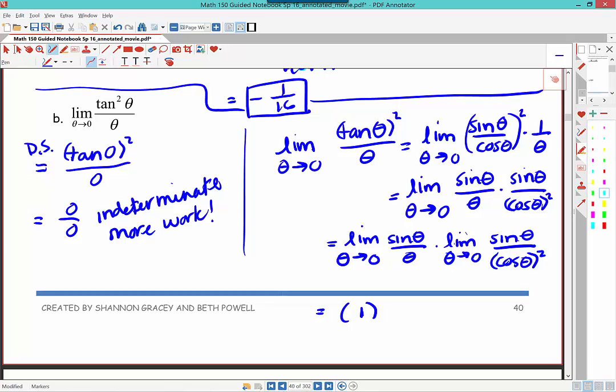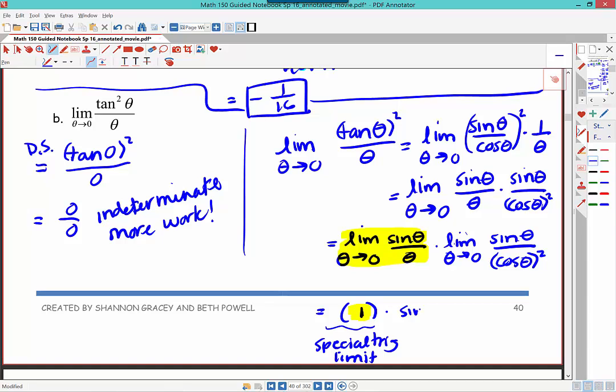So this whole deal here has an output of 1 by that special trig limit. So we did not directly substitute in that one. We used a special trig limit. Now the other one we'll get by directly substituting.